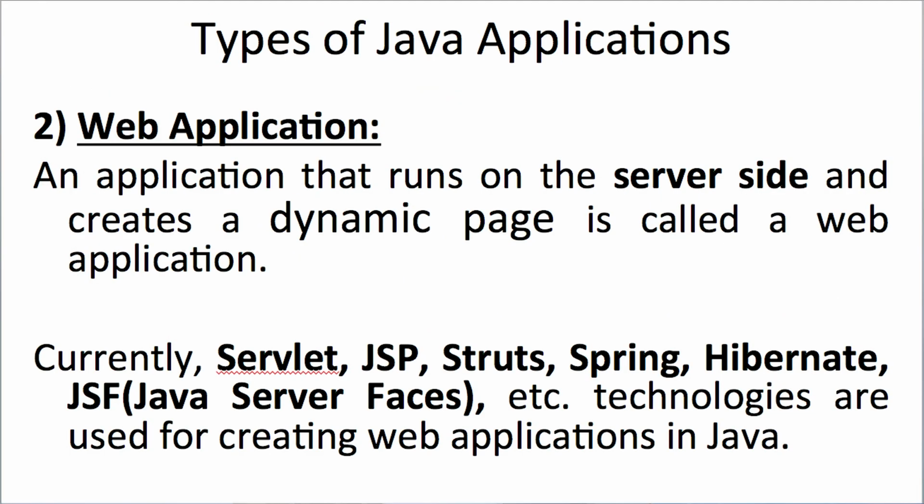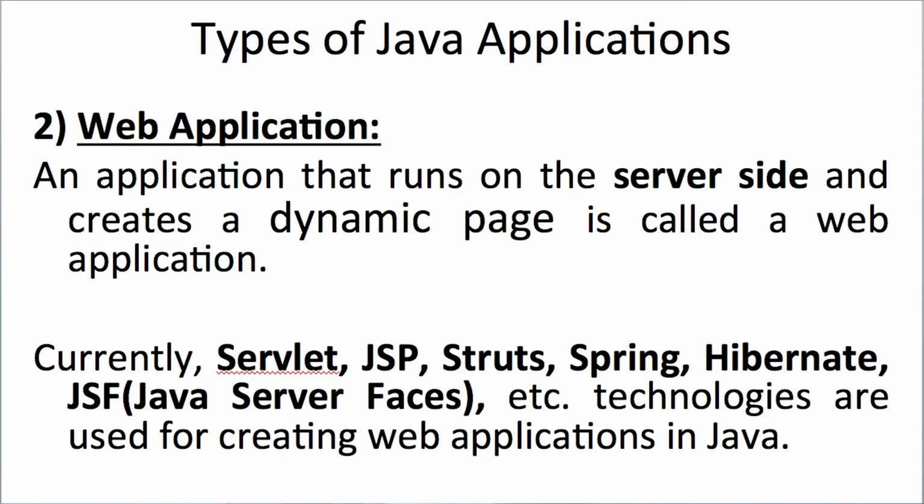The second type of Java application is the web application. Web is very important at this time. An application that runs on the server side and creates a dynamic page is called a web application. For developing any software for the server, for a distributed environment, we use web applications.